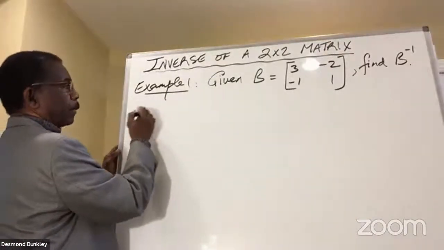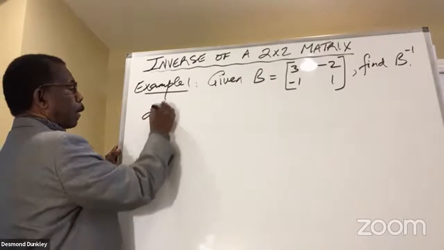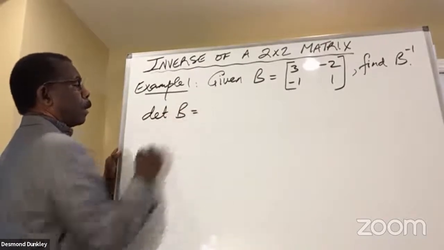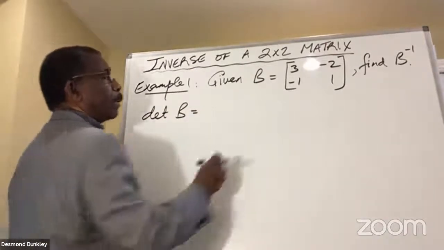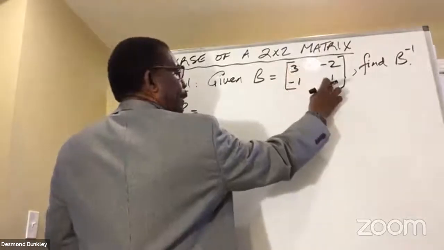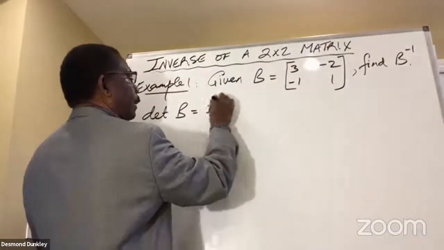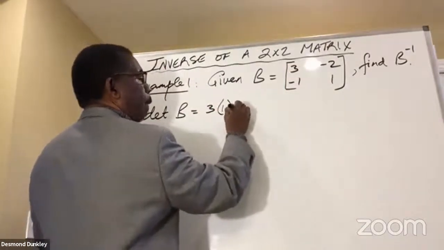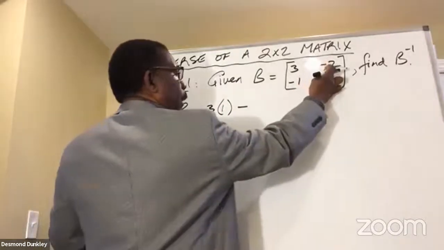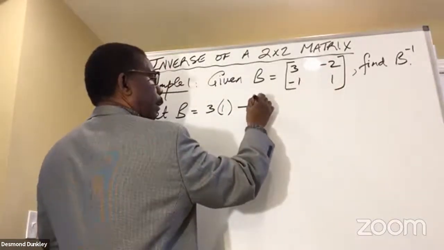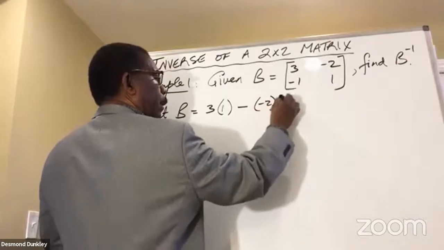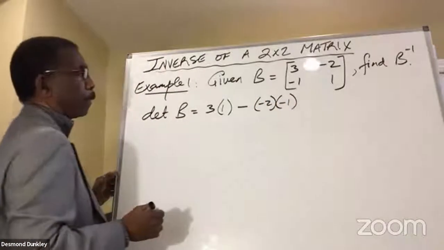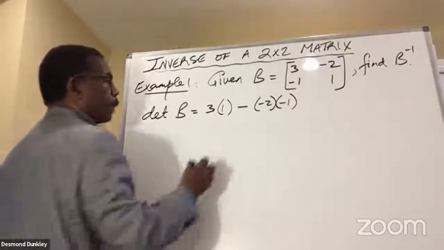Find the determinant of matrix B. So here we go. Determinant of B is equal to AD, so it's 3 times 1 minus BC. What is that equal to?